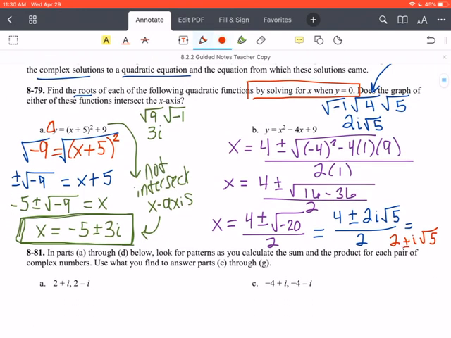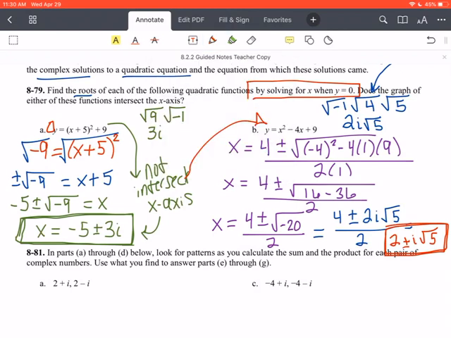So these are the roots of the original problem. So again, this is not going to intersect the x-axis because both of these equations involve complex roots, not real roots. So you will not be able to see any x-intercepts.